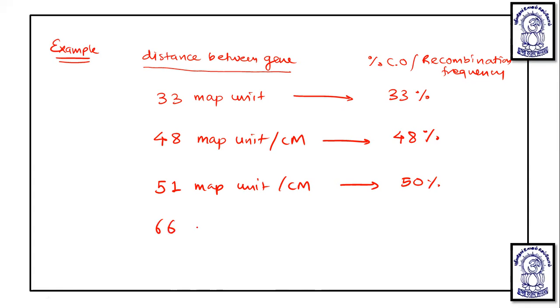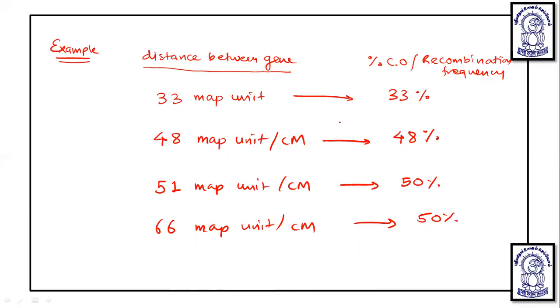If the distance is 66 map units or centimorgan, then the recombination frequency is going to be 50%, because the recombination frequency cannot be more than 50%. So if the distance between genes is seen above 50, the recombination frequency is going to be 50% only. Up to 50, whatever the distance between genes is, the recombination frequency will be equivalent to that.